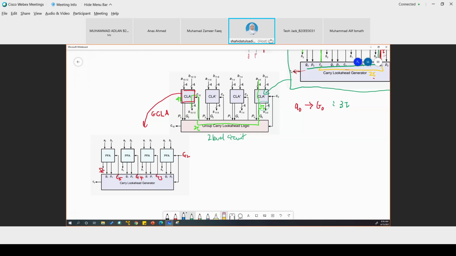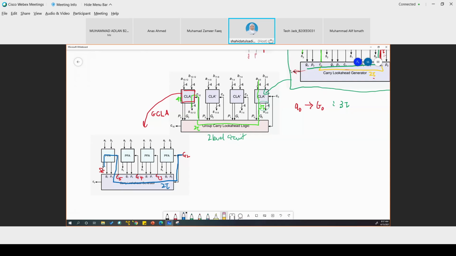Okay, so we go through this path from C12. Okay, we go through the carry look ahead generator, then go up, go through the PFA, and go to the S15. Okay, so this is 2 tau.